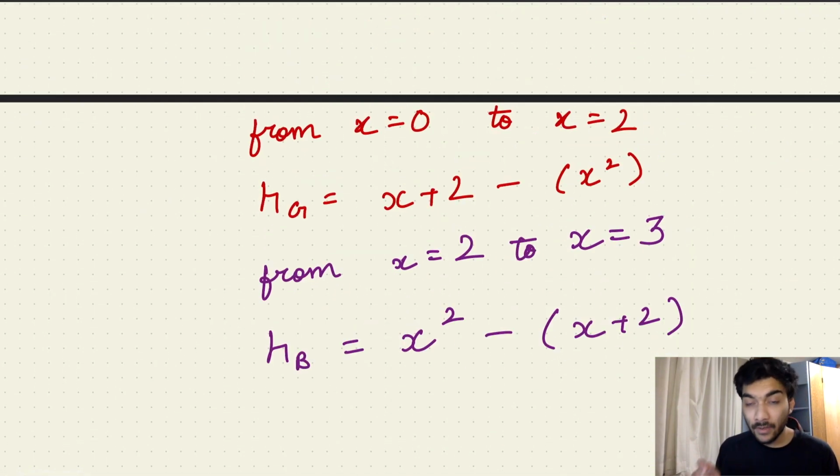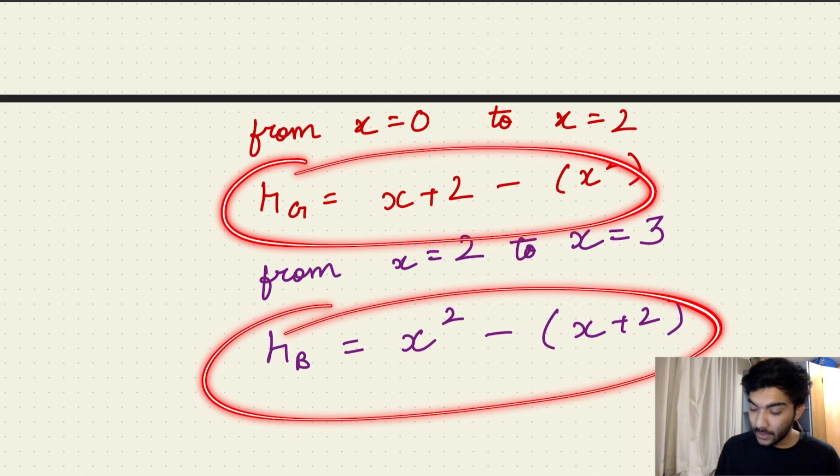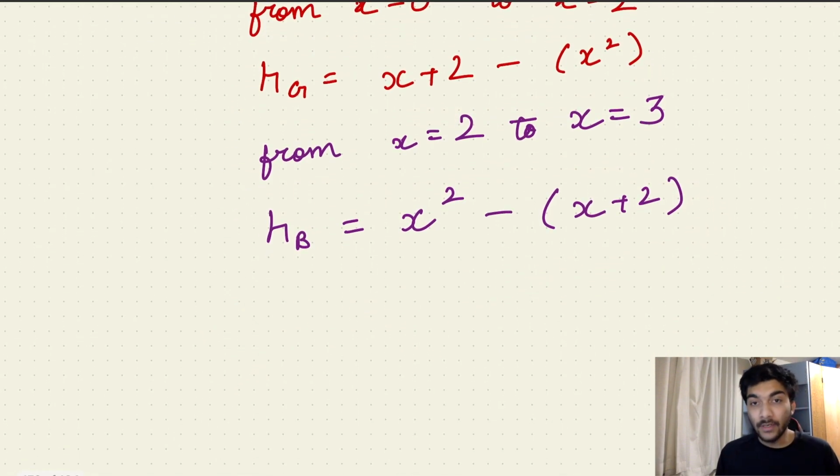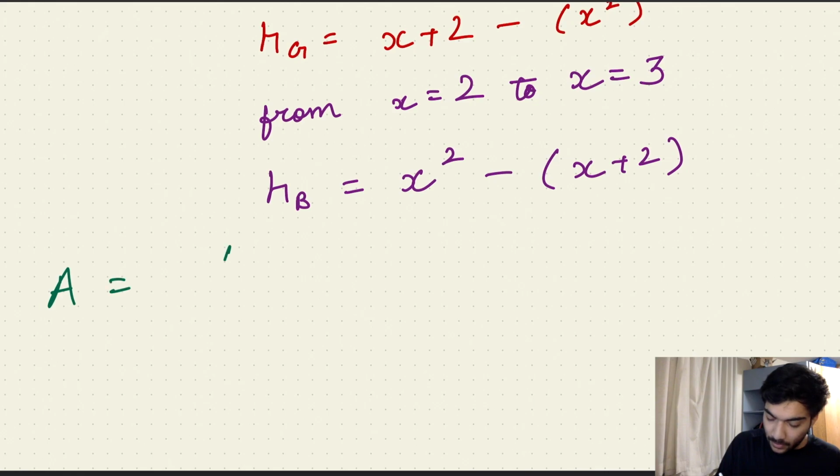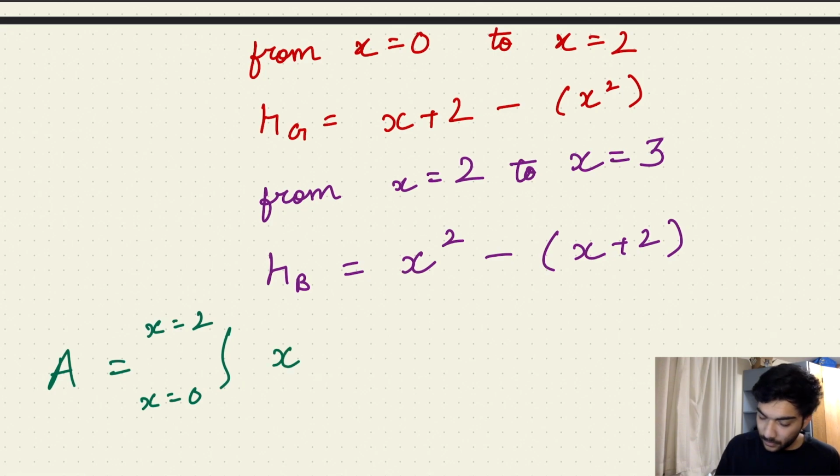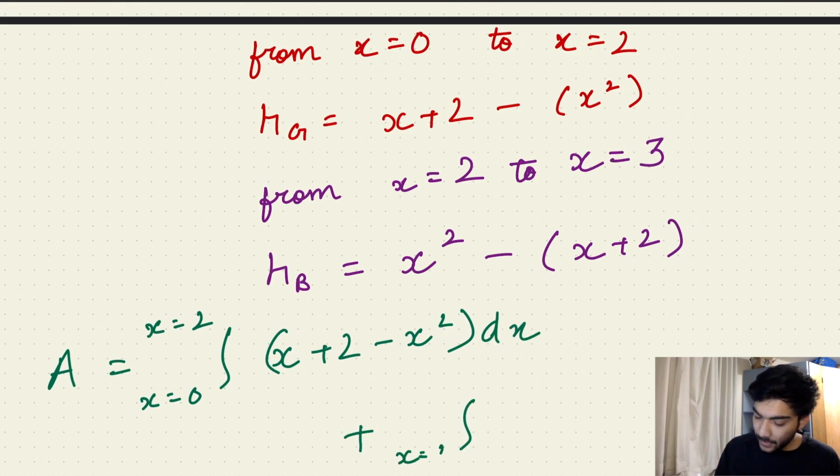Now we have considered the different heights of our vertical strips based on the breakpoint. In order to calculate the total area, we'll represent it as a definite integral. The total area would be, from x equals 0 to x equals 2, x plus 2 minus x square dx, plus from x equals 2 to x equals 3, x square minus x minus 2 dx.